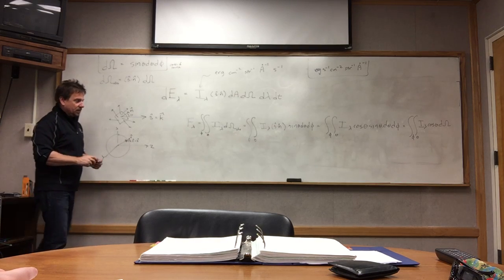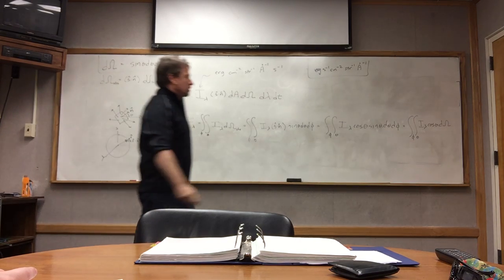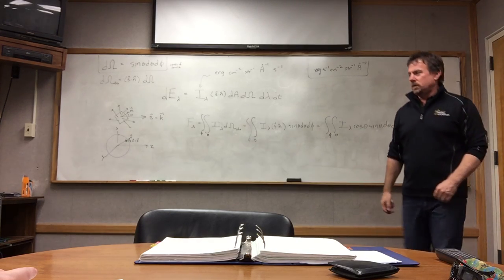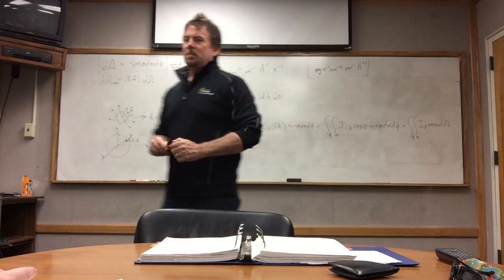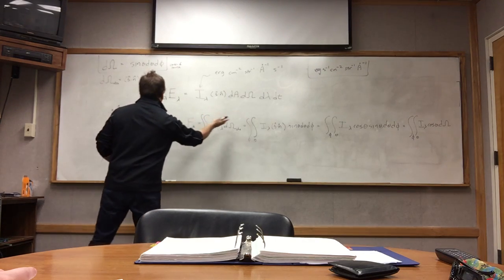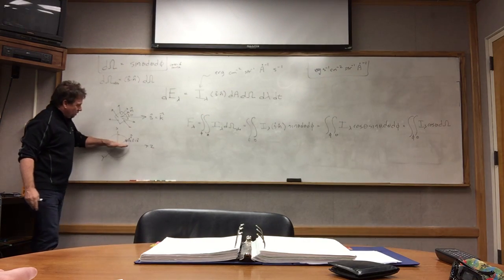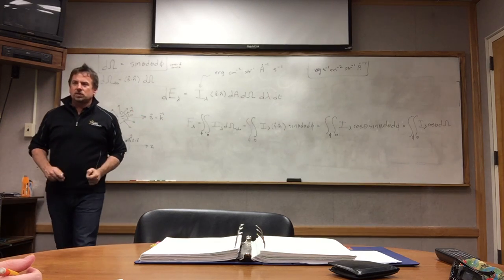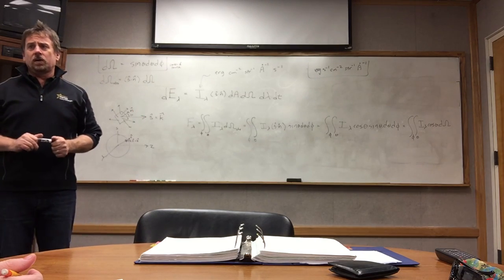Okay. So a lot of times you'll see this written in books. I lambda equals cosine theta d omega. But you don't realize, because they never talk about it, that the reason it's so simple is because we're assuming the observer is along the z-axis of a spherical coordinate system. All right.